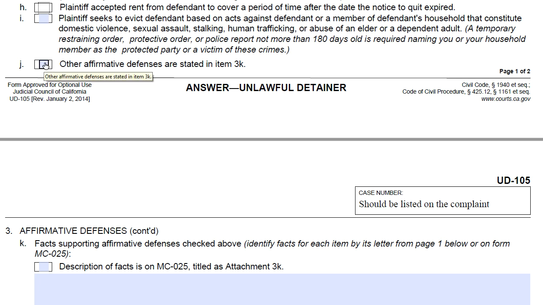J is the kind of catch-all, which is the chance for you to provide some other defense or reasoning as to why the landlord should not be able to ask the court to evict you.